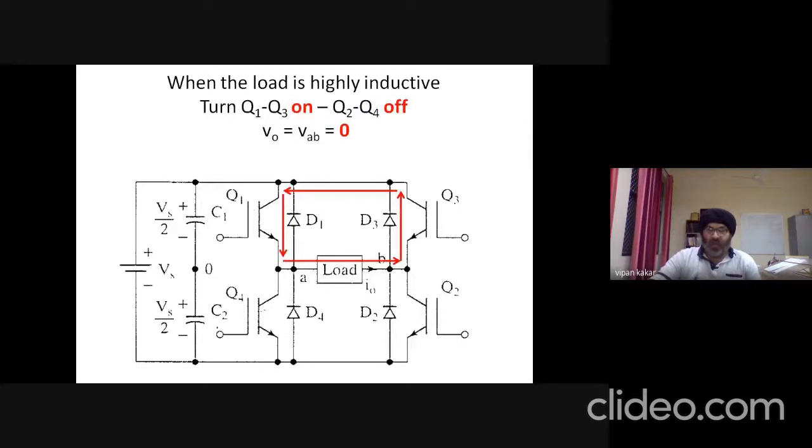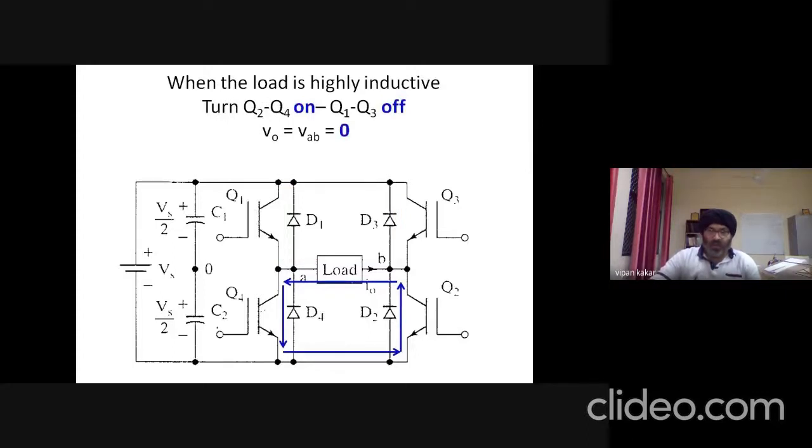Now when Q1 and Q3 are on, these Q2 and Q4 are off, the current will flow through this load through the freewheeling diodes. Sorry, through this Q1 and Q3. So if this current is flowing through this Q1 and Q3 through this load, no voltage is appearing across this load, so the load will have zero voltage across at the output.